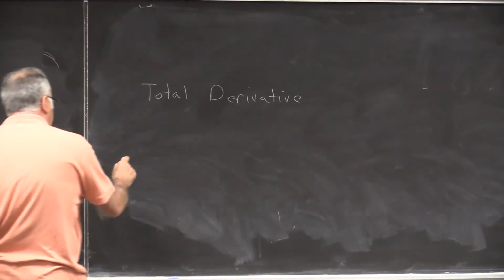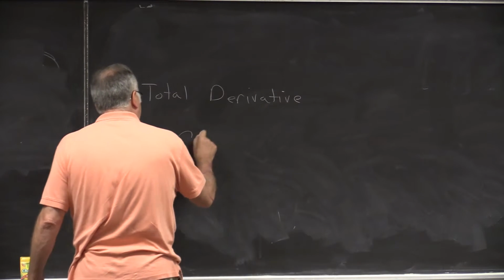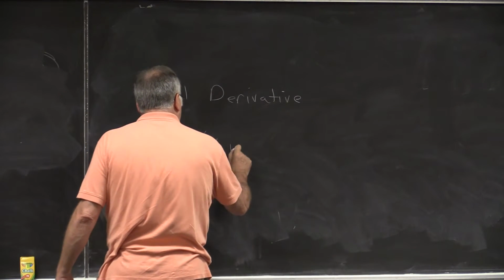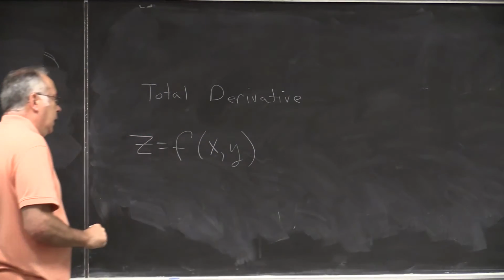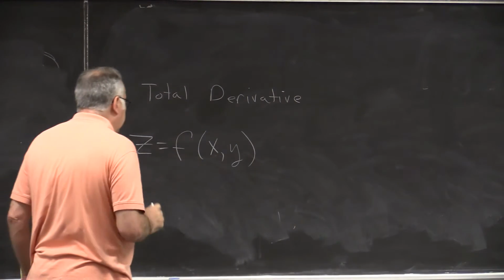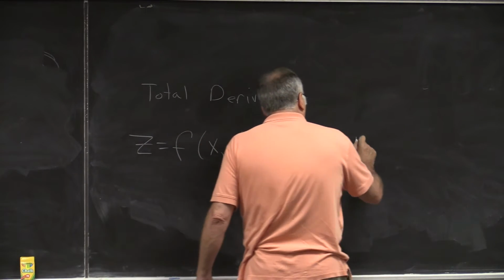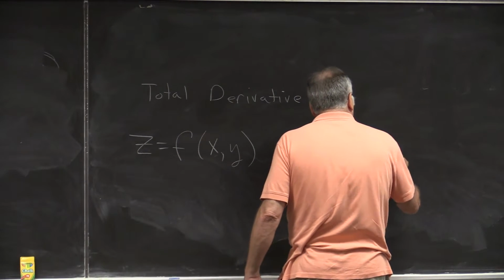Suppose z is a function of x and y. Okay, we're used to that setup. But in this case, y is also a function of x. So z is a function of x and y, and y is some function g of x.